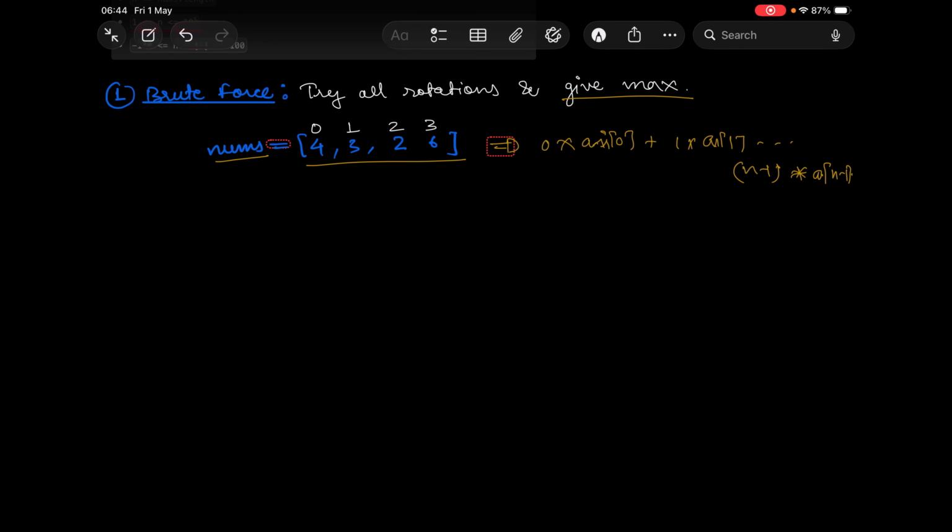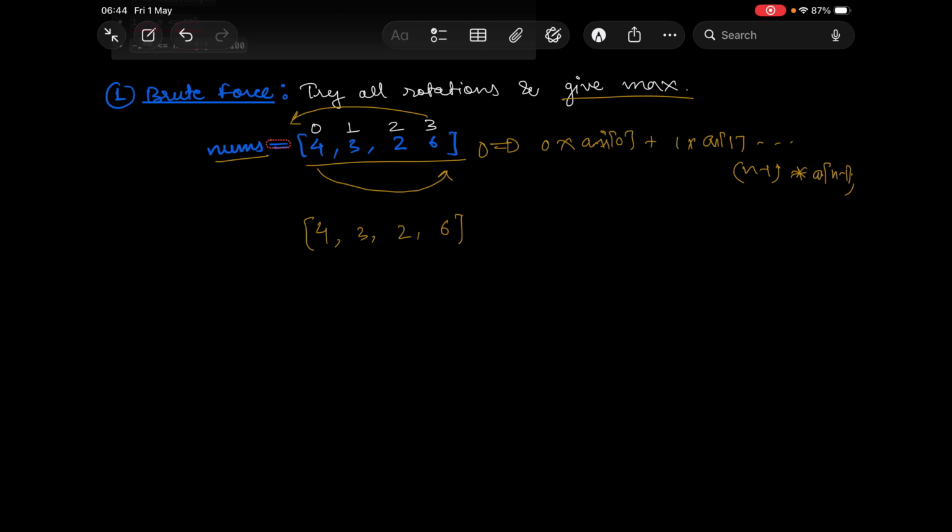So this would be for 0. Now if we do one rotation, let's keep these values here itself. Now after rotation, how would it look like? Since these values were moving clockwise, if we don't move the values, the indexes would move anti-clockwise.